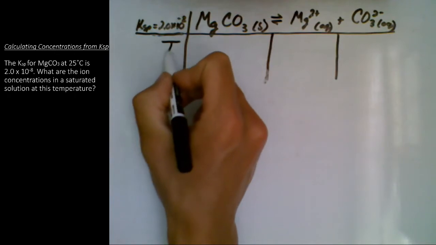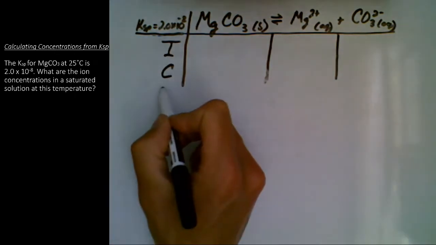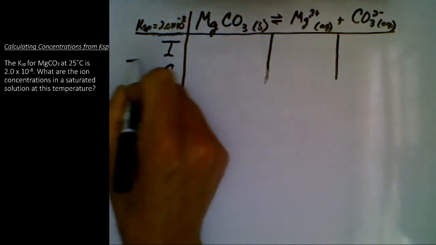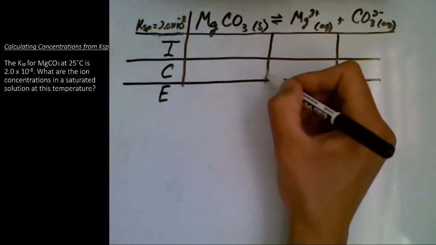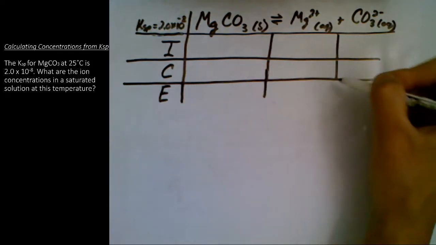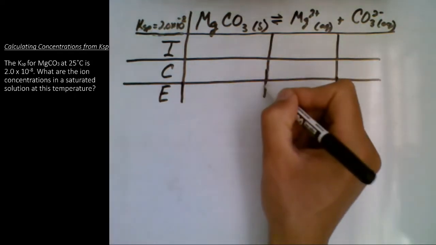Now we want to set up our ICE box, so we make our 3 rows, one for initial concentrations, one for change in concentrations, and then one for equilibrium concentrations.